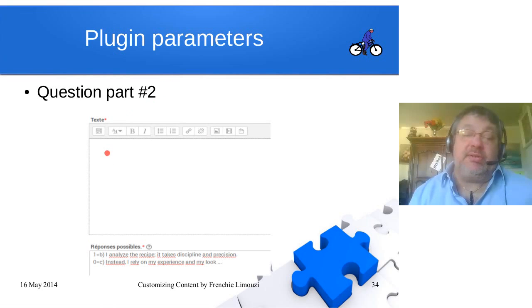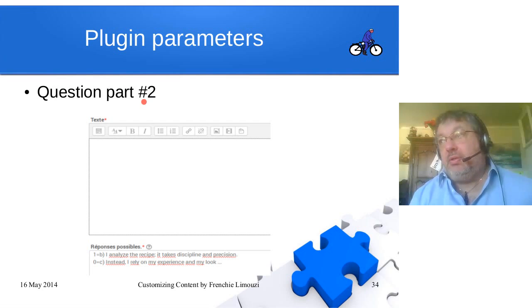Question part 2, no text, two other references. You remember two continuums, one continuum for part 2 and one other for part 1. One for the X axis, one for the Y axis.